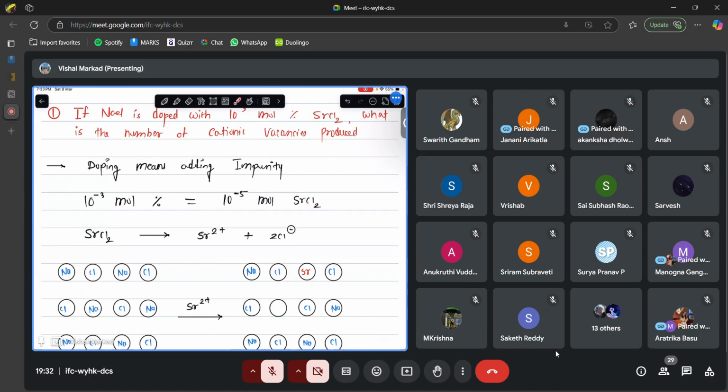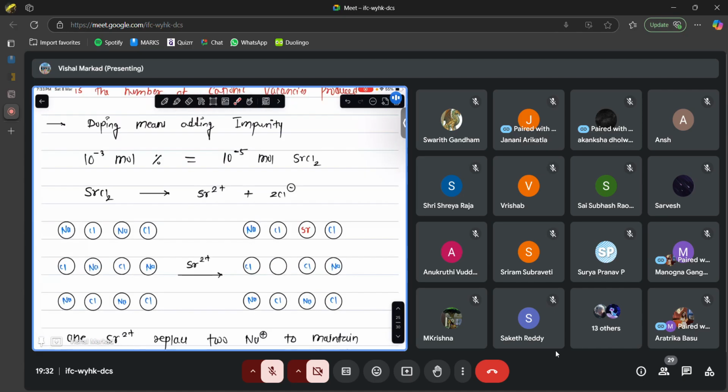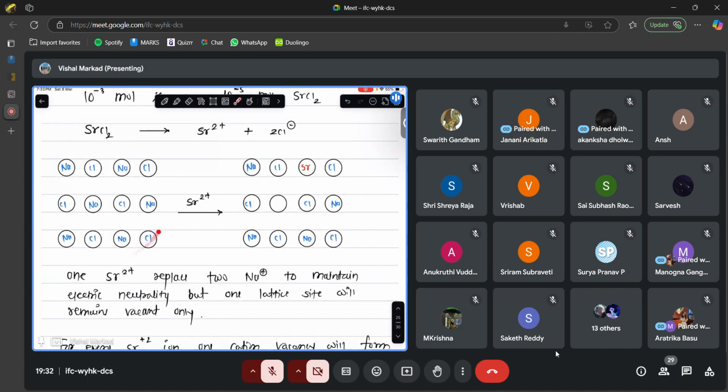Simple thing. SrCl2 will dissociate into Sr2+ and 2Cl minus. So what is the charge on Sr? +2. And what is the charge on single Na? +1.